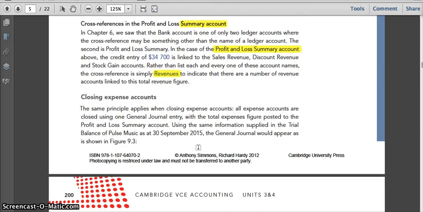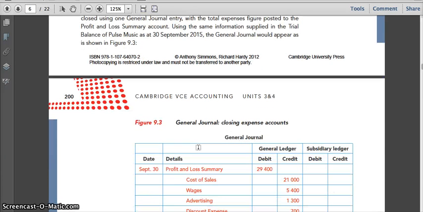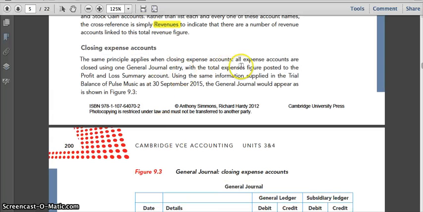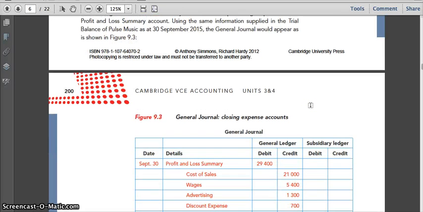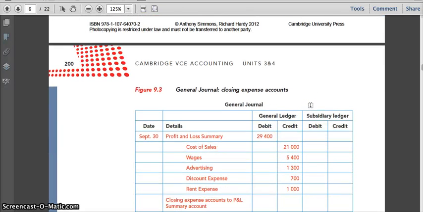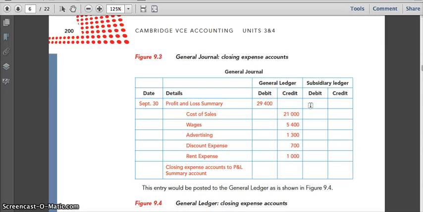Now, closing expense accounts, pretty much the same principle, except inverted. Because all expense accounts are generally in debit, as a decrease in owner's equity is a debit, we need to credit all the expense accounts.